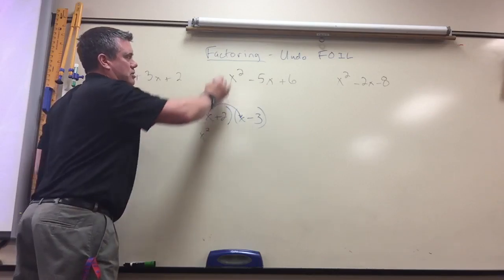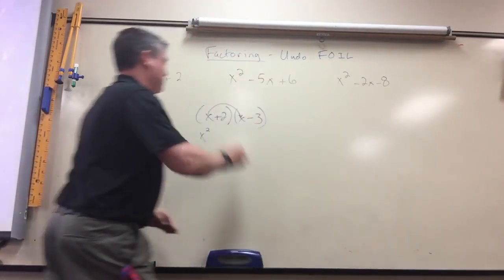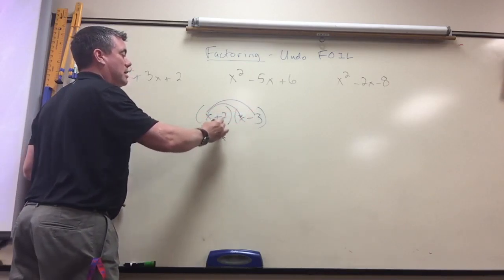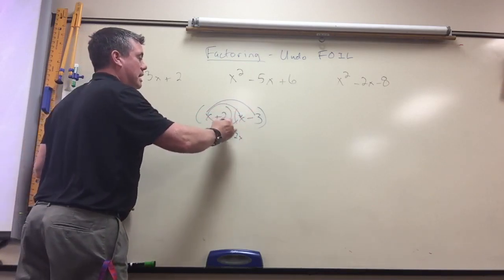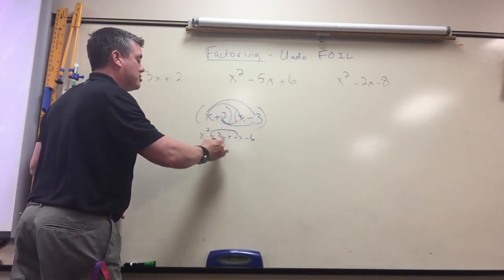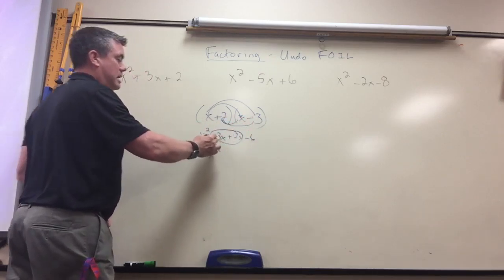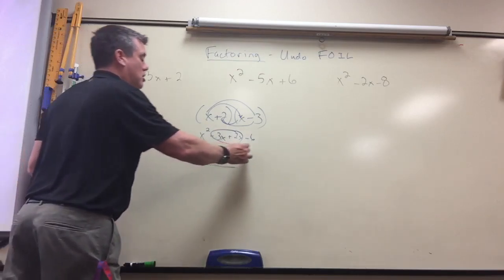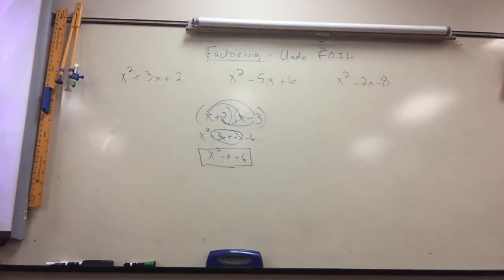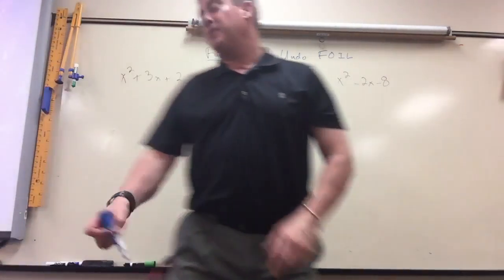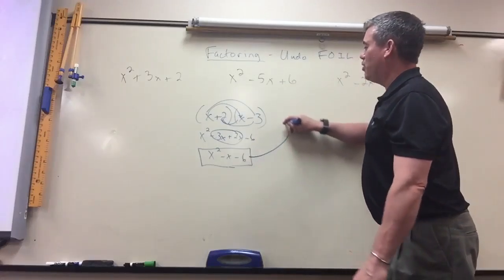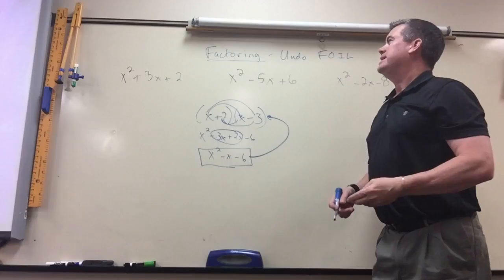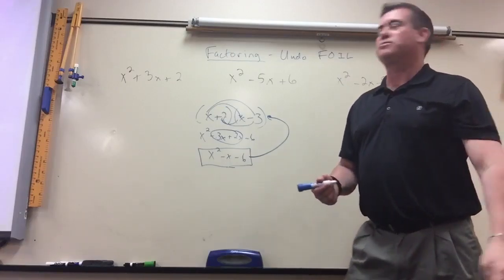That's foiling: first times first, then outside times outside, inside, last. And then these will combine: negative 3x plus 2x is negative x, minus 6. So there it's multiplied out. What we're going to be doing now is you're going to be given this, and you have to go back to what the factors are. So you're going to reverse FOIL. You have to undo the FOIL.